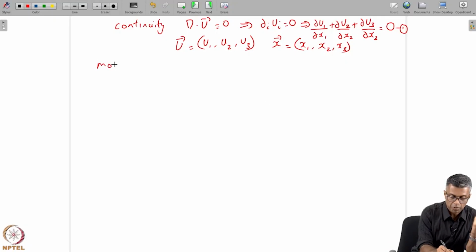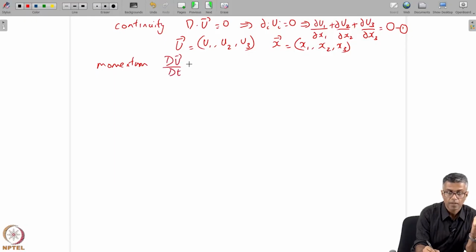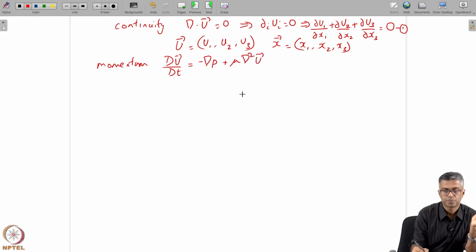Then if I look at my momentum equation, I have in vector notation du dt equals minus del p plus mu del squared u.